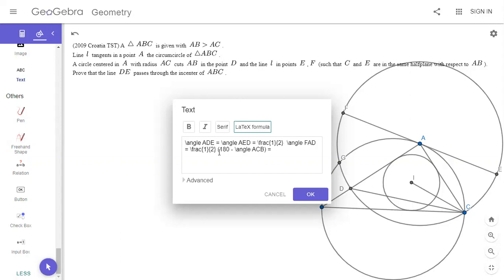All right. And then ACI is equal to ADI.